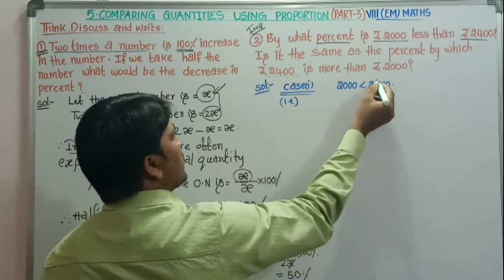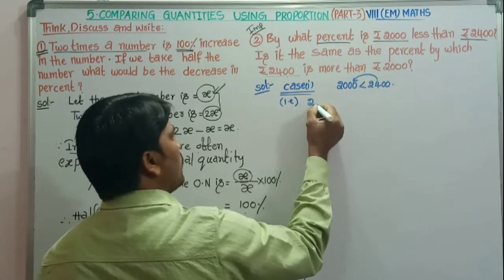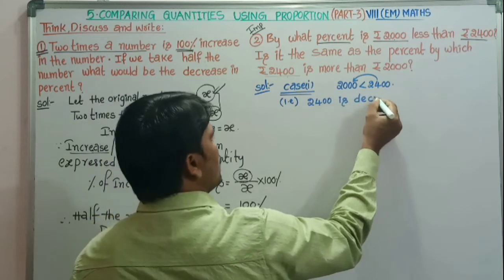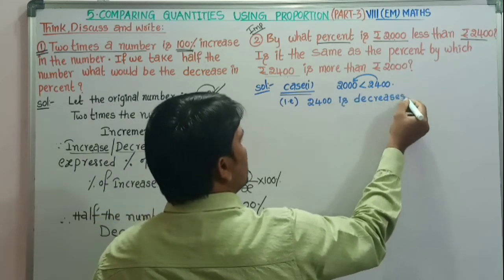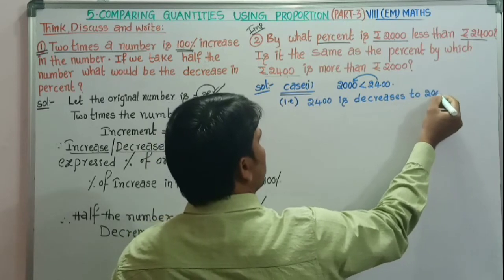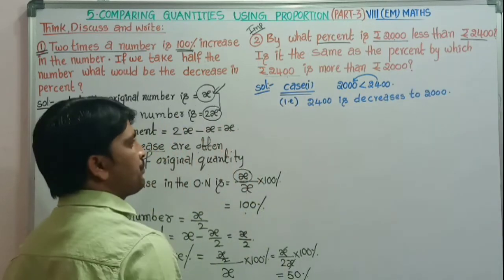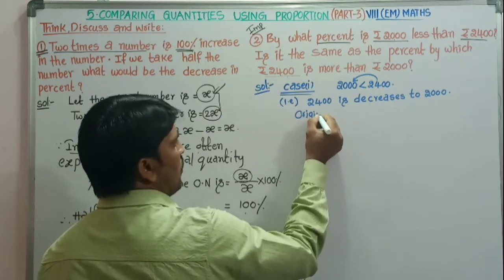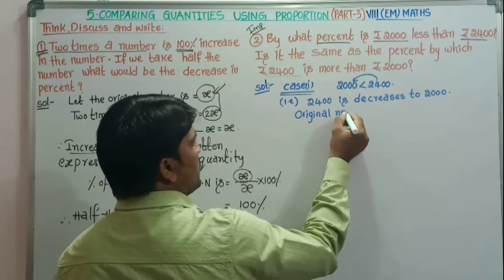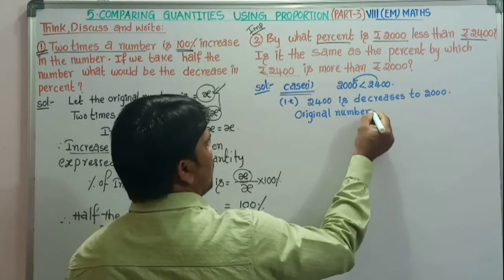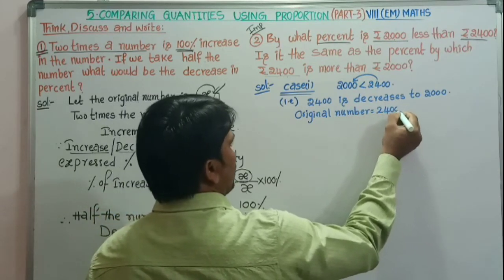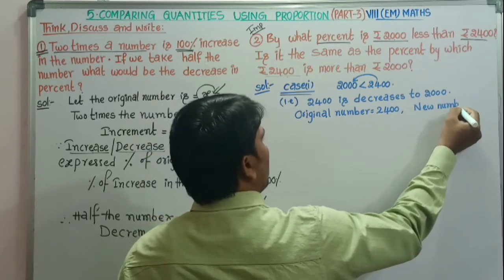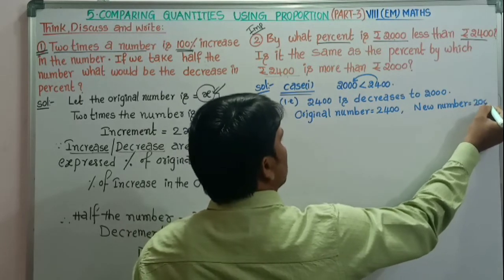That is, we say that 2400 decreases to 2000. Suppose that. Then the original number is taken as 2400 and the new number is taken as 2000.